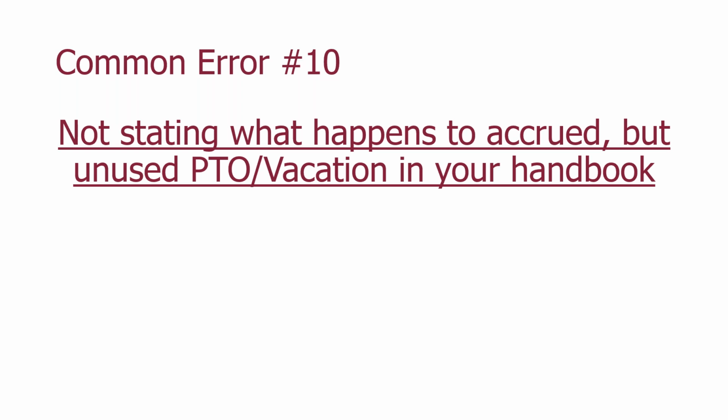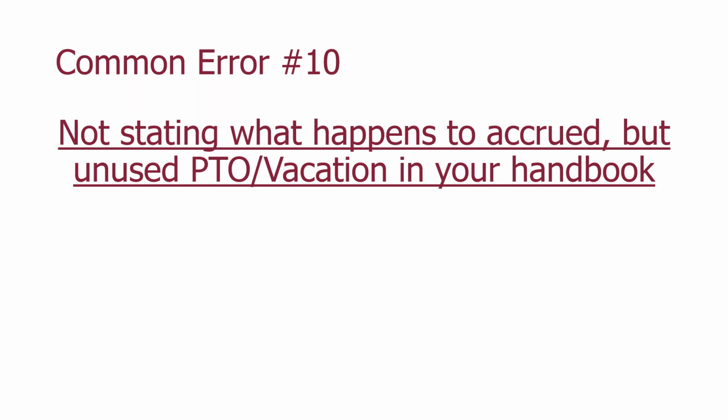The reason that this is critically important is because many states' statutes say that it is based on the employer's stated policy as to whether accrued but unused vacation or PTO gets paid out.